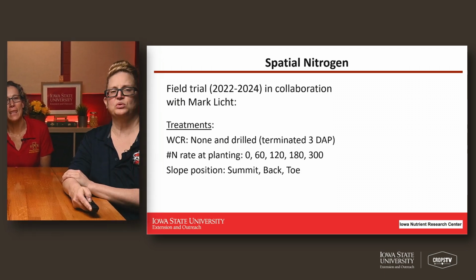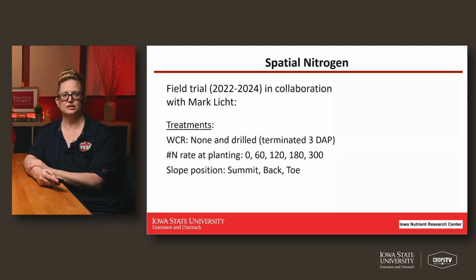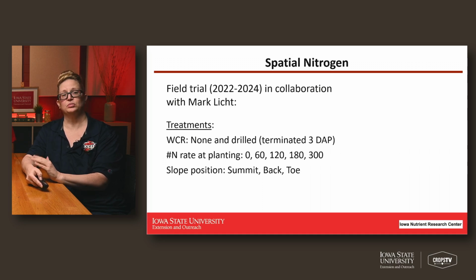Okay, so this project was looking at different rates of nitrogen, also having a cover crop versus not having a cover crop, and finally slope position. So we either planted or did not plant winter cereal rye.